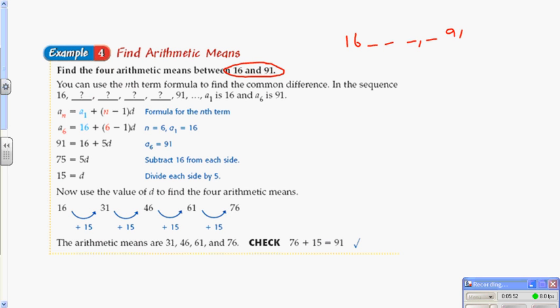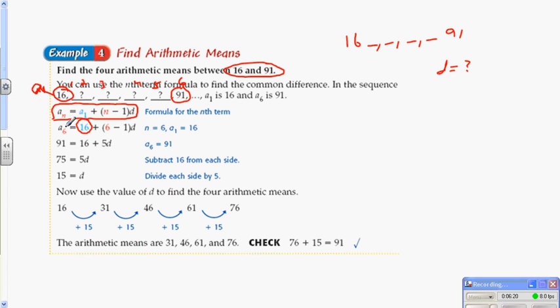What are they? Well, to do this, we need to find D. D is the key. So let's use this formula and see if we can find out what D is, because we happen to know what A sub 1 is. We plug that in right here. This term is the 6th term: 1, 2, 3, 4, 5, 6.